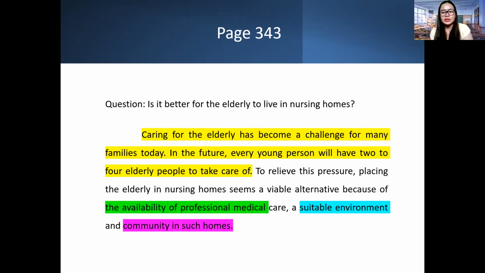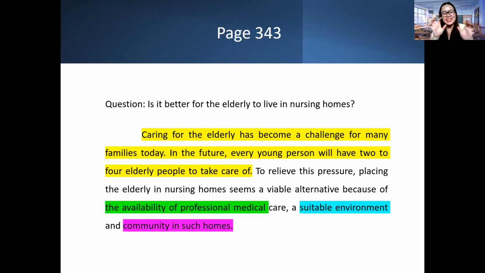To relieve this pressure, placing the elderly in nursing homes seems a viable alternative because, one, availability of professional medical care, two, suitable environment, and three, community in such homes. If you look at your textbook, the one in purple is not there. That's why I said not every example in the textbook is good.